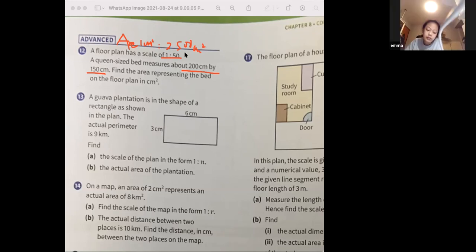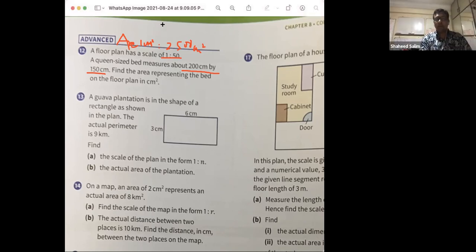Okay, so 2,500. All right. And then find the area. This is the actual. Can you find what's the area here? Length times breadth. 200 times... 30,000. So down here, you just need to find out what this is on the plan.